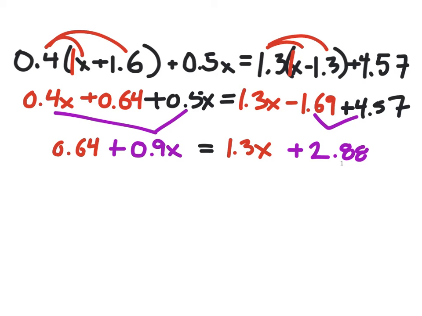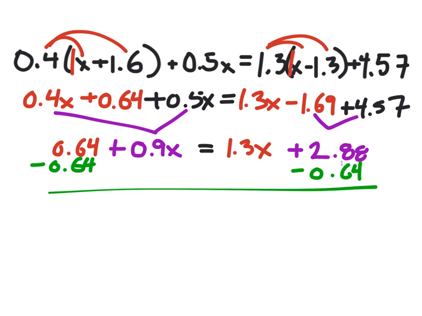Now, whichever side you choose for x, I'm just going to go with the left. Most students actually do just end up putting them on the left, which means that as of right now, the way that I have this equation written, I've got the 0.64. I need to zero that out because it's on the wrong side. So I'm going to zero out my 0.64 by subtracting it, but I got to do it to both sides, of course. So that does zero that out.